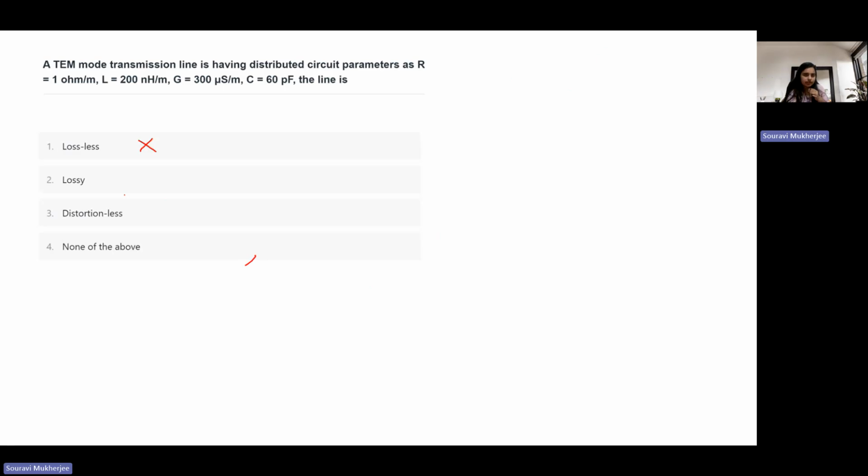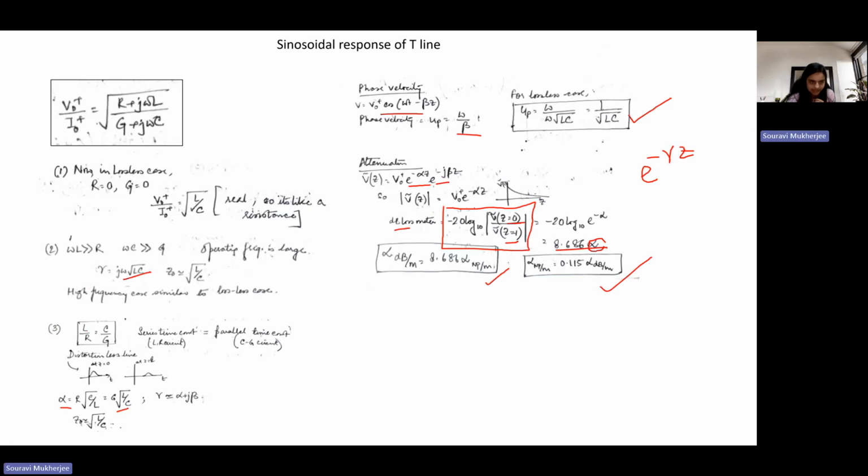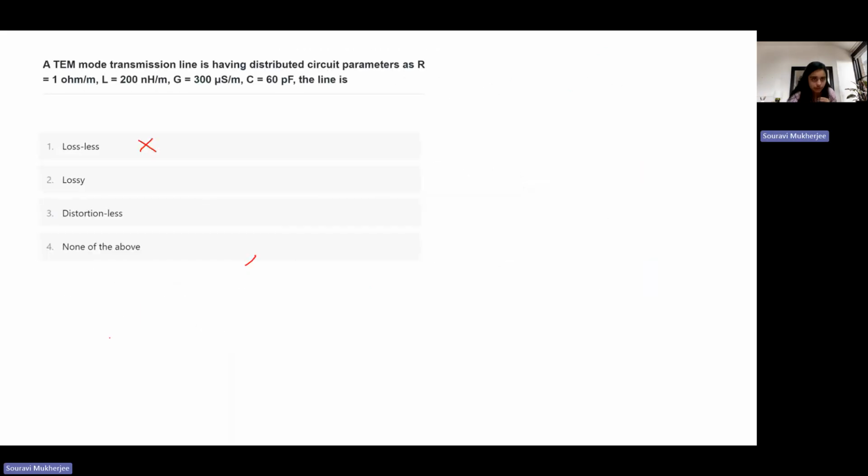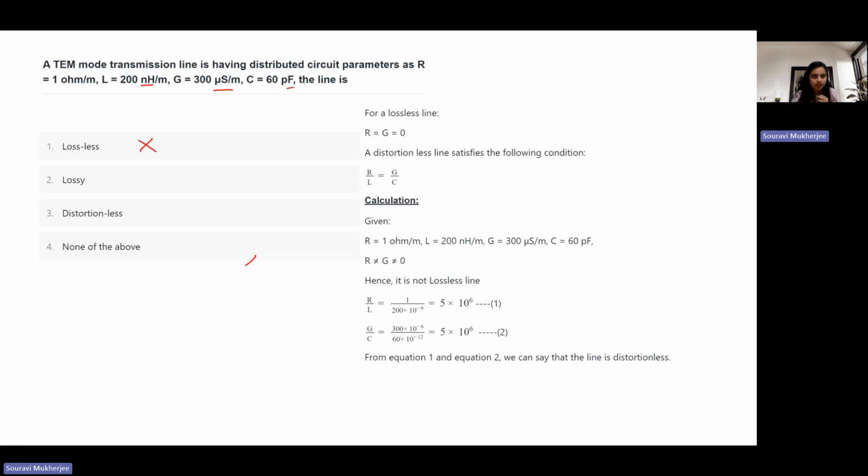Now for distortionless, you have to apply the condition that we had just discussed. For distortionless, we know that L by R should be equal to C by G. In this kind of question, be careful about the units, where you have nanohenry, microsiemens, and picofarad. For a lossless line, R and G are 0, so it's not a lossless line because you have non-zero values of R and G. And then a distortionless line means that these conditions need to be satisfied.